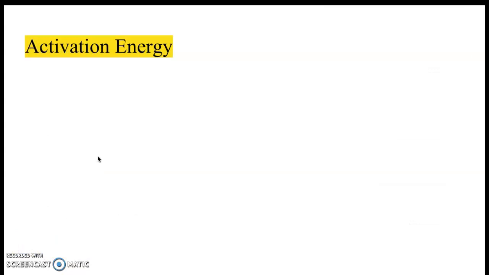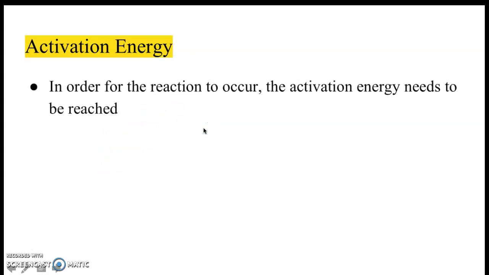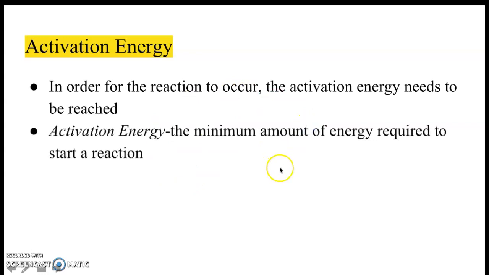Alright, a little bit more terminology. Activation energy. In order for a reaction to occur, an activation energy has to be reached. Activation energy is the minimum amount of energy required to start a reaction. So every chemical reaction requires a little bit of a spark, so to speak, of energy in order for it to proceed.